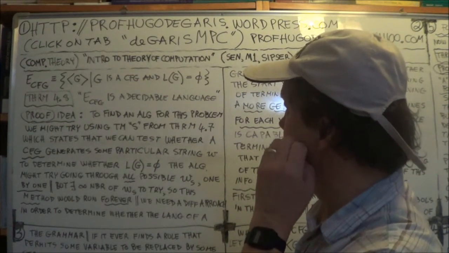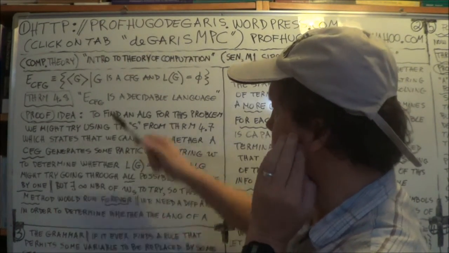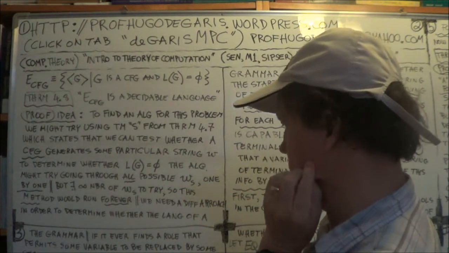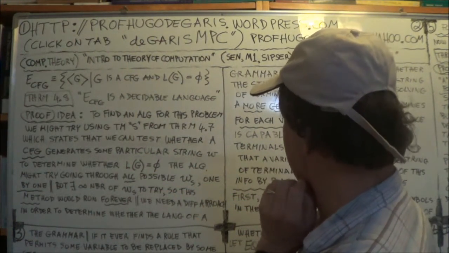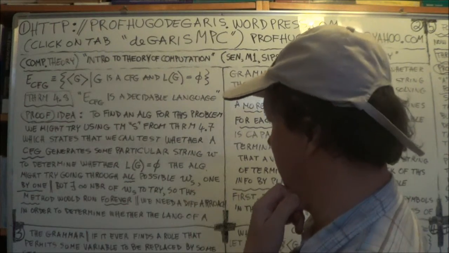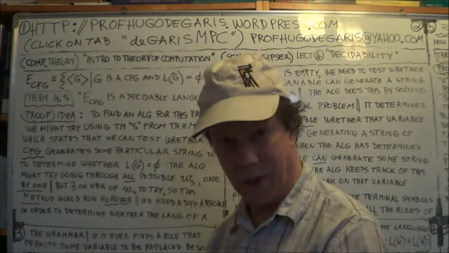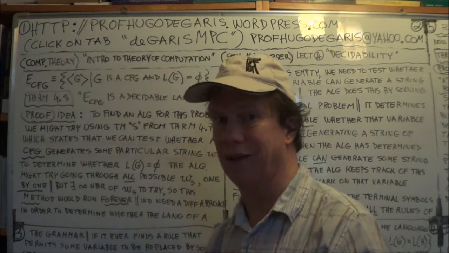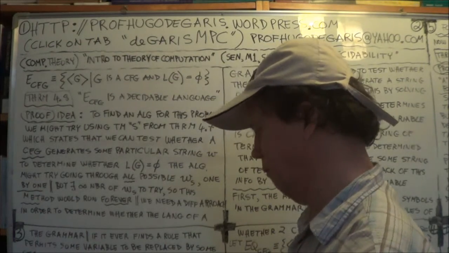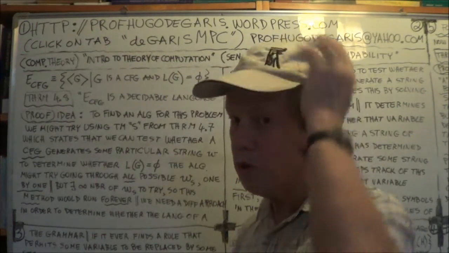All right. So, proof idea. We have two and a bit squares on the proof idea, let alone the proof. So fairly involved. We're getting more and more complex.